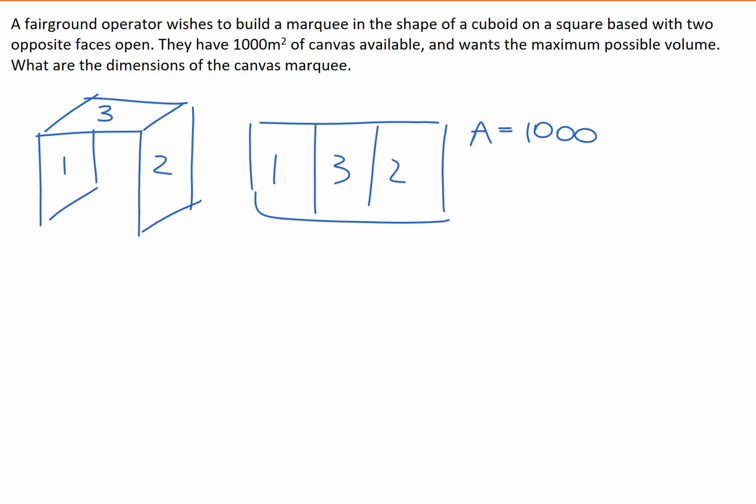Okay, after a little pause, so what I need to do here is label this because I'm trying to maximize the volume, so I need a volume function. So the volume is going to be the width times the length times the height.